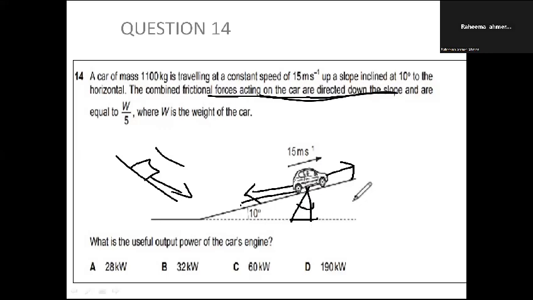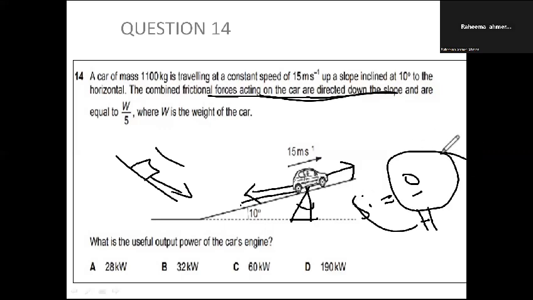So we would use sine theta equals opposite upon hypotenuse. As we already know the hypotenuse, you multiply the hypotenuse by sine theta and you find the opposite. This is how you find the horizontal component of the weight: horizontal component of the weight equals weight into sine theta, where theta is the angle provided.